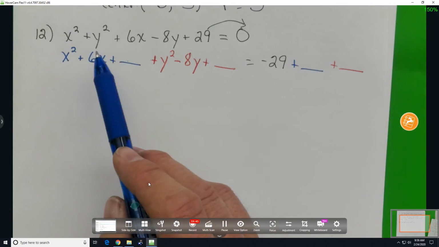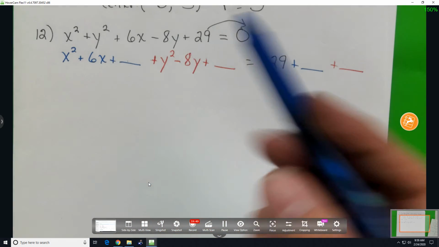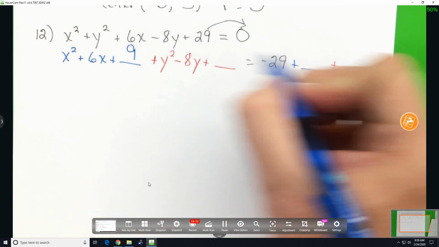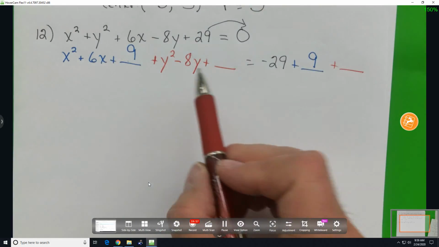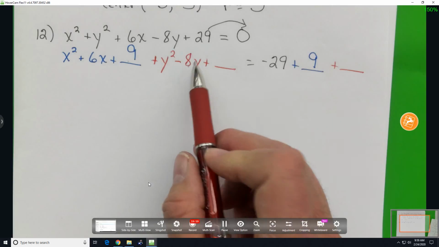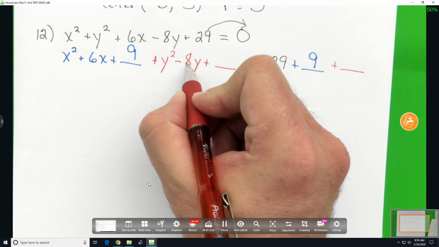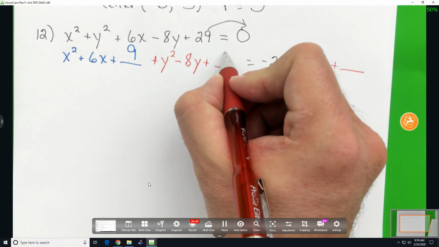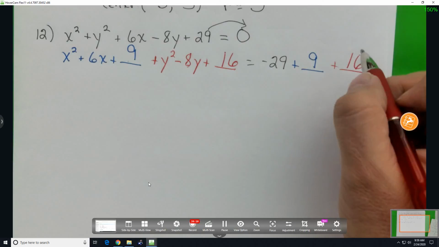Well, I need to write out how I find the number in the blank. What am I going to do? Half of 6 is 3 and square it to get a 9. There. Then we'll do the same thing with 8. Half of 8 is 4. 4 squared is 16.